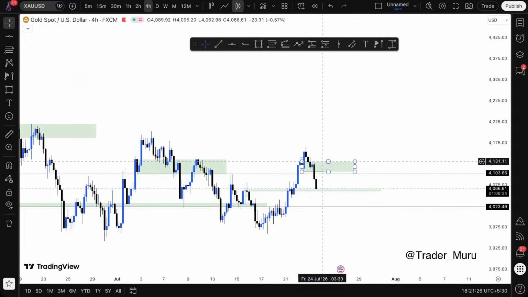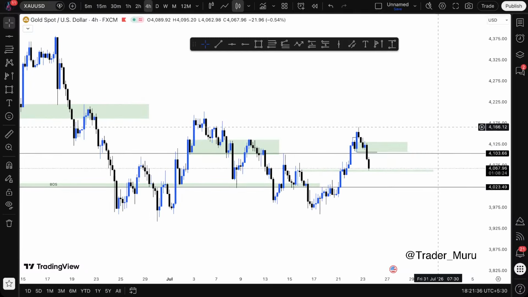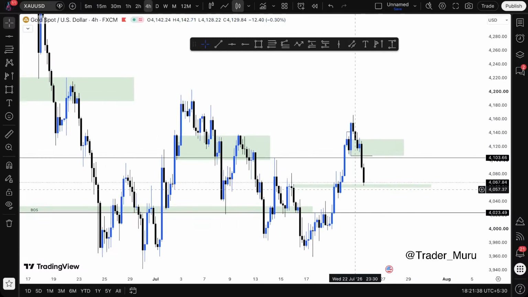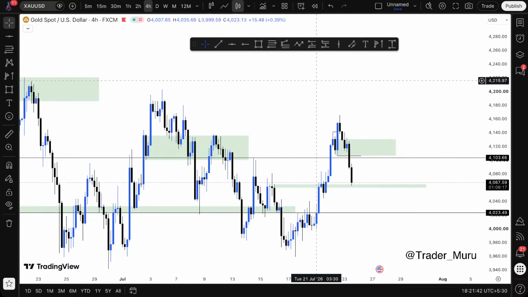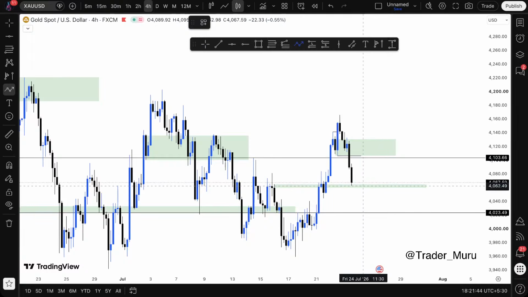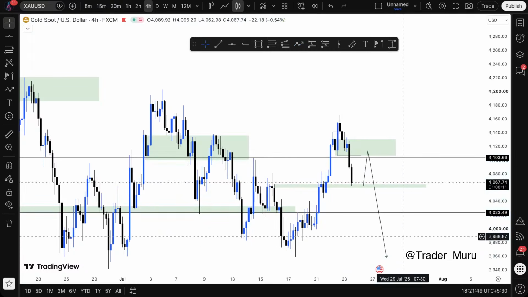This will be a good short entry from 4103 to 4131. Price is still holding our daily time frame area. This will be our first expectation.